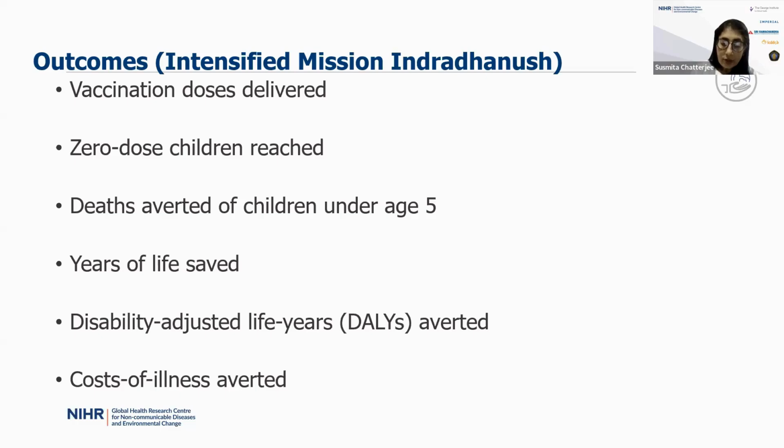That's a decision you have to take in your economic evaluation, whether you are happy to stay with an intermediate, short-term outcome. Like here in the example, vaccination doses delivered. This is the short-term thing, right? IMI happened, additional vaccine doses were given, and we found that data. That's one of our outputs. This is short term.